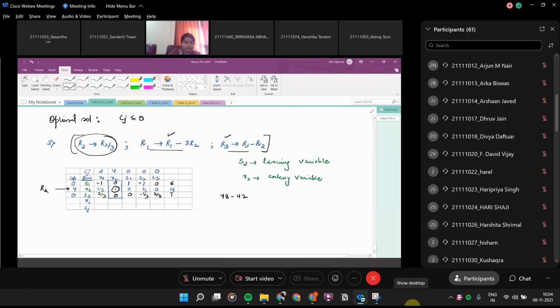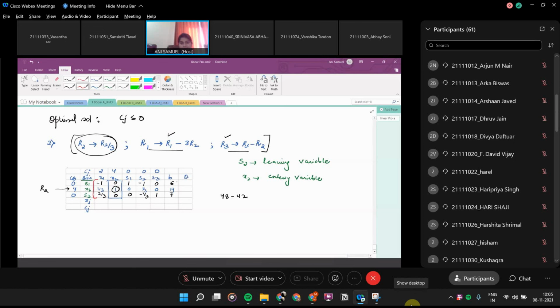So 2 by 3, 0, 0 minus 1 by 3. This is 1 minus 0, which is 1. Is it clear, people? The table, this matrix is clear.